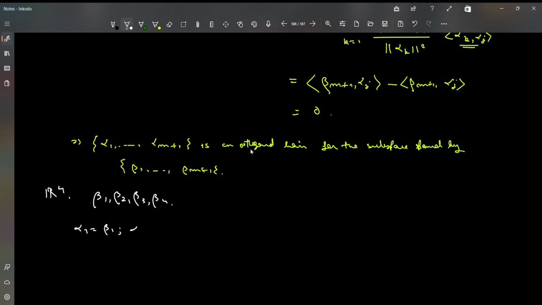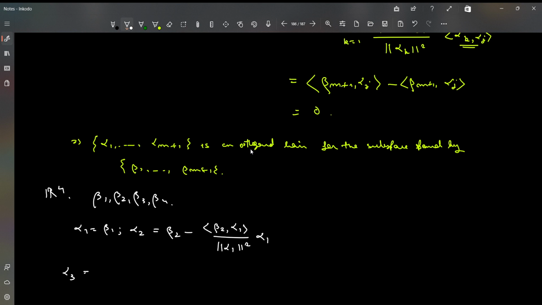So we have alpha 1 equal to beta 1, then alpha 2 is beta 2 minus a summation over k from 1 to m. Here m is clearly 1, because we are speaking about beta m plus 1, which is beta 2. So we just have a single element in the summation: the inner product of beta 2 with alpha 1, upon the norm of alpha 1 squared, times alpha 1.